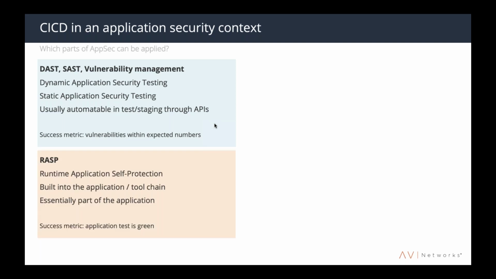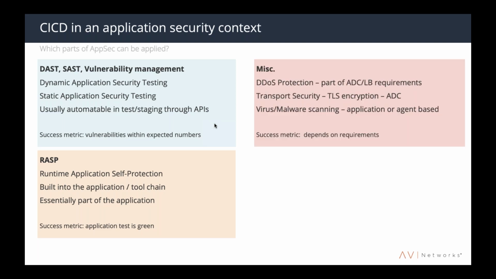You could also include RASP tools, so runtime application self-protection tools that are usually built within the application toolchain. Essentially, they become a part of the application. A very easy success metric for that would be the application test is actually green. We could look at other security tools like DDoS protection, transport security. All of this should be done automatically as well.